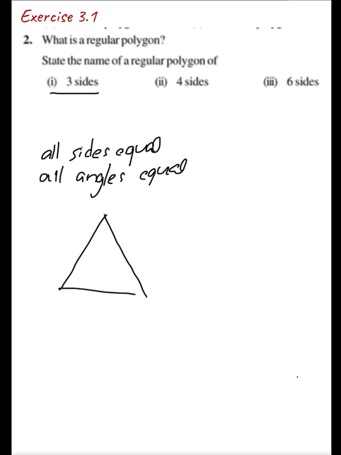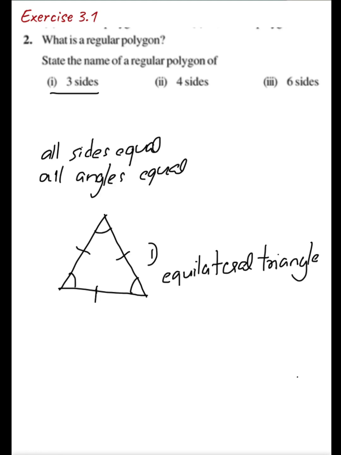This is a triangle with all sides equal and all angles equal. Such a triangle is called an equilateral triangle. So the answer for the first question is equilateral triangle.